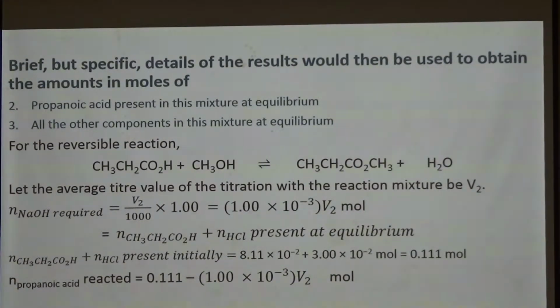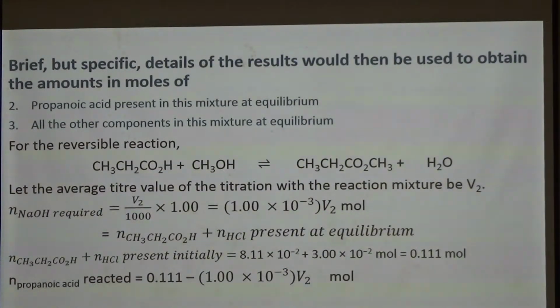Alright? Because in 0.111 it includes both propanoic acid as well as HCl. This is the total amount of acid at the start initially, minus the total amount of acid at equilibrium. Only your propanoic acid would have reacted.